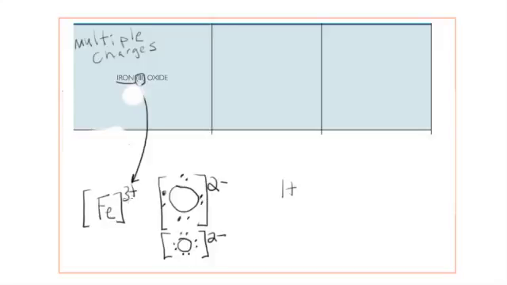But now I have 3+ here and 4-, which means I don't have a 1+, I have one extra minus. Well, in order to try and balance that, I need to have more positive charge. Now I have 3 + 3 is 6+, and only 4-. So now I don't have neutral, I have 2 extra positives.